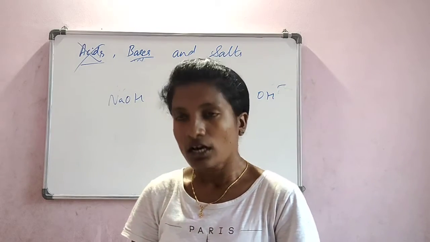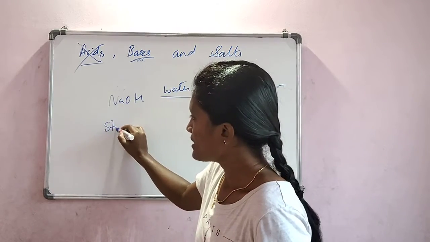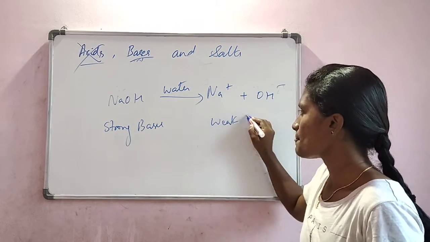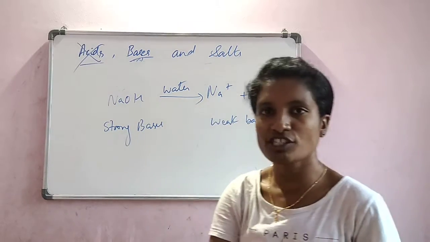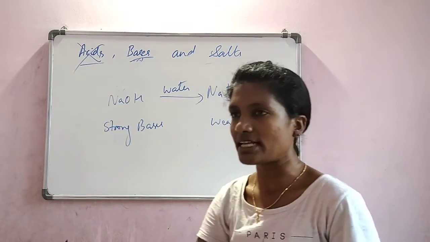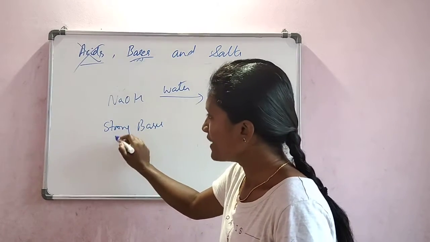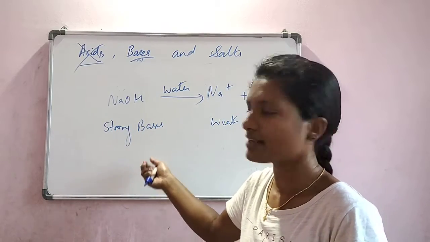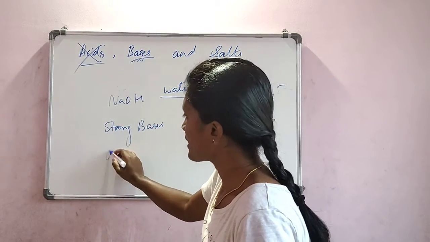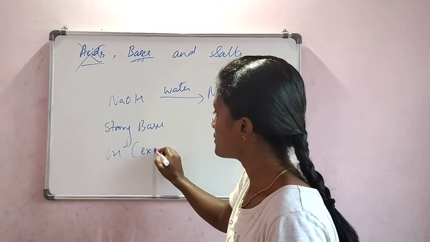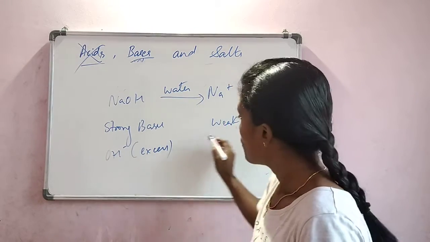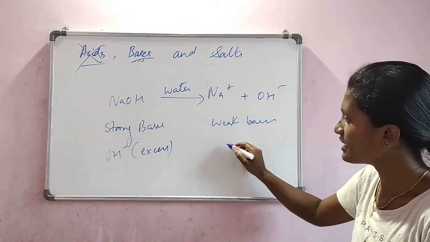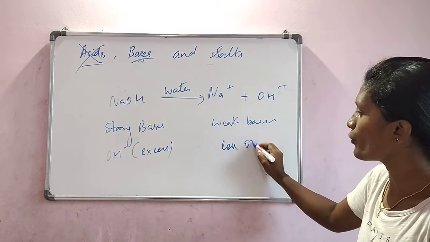Now, again, bases are categorized into strong bases and weak bases. It's the usual definition which we gave for acids. When strong bases are taken in a solution state along with water, they give an excess of OH minus ions. When weak bases are taken in water, they give a smaller amount of OH minus ions.